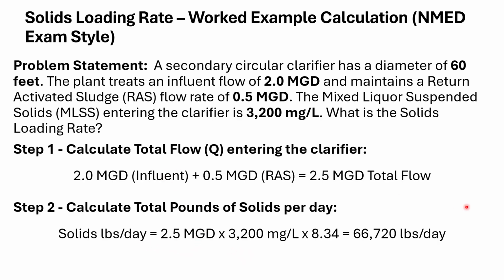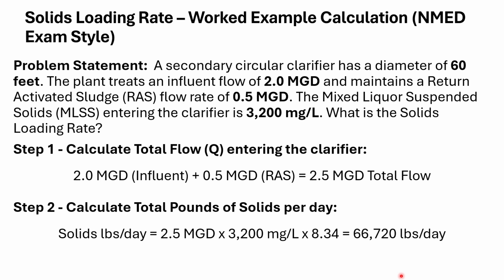That's the combined total flow, 2.5 million gallons per day, multiplied by the MLSS concentration, 3,200 milligrams per liter, multiplied by 8.34, we come up with 66,720 pounds per day entering that secondary clarifier.